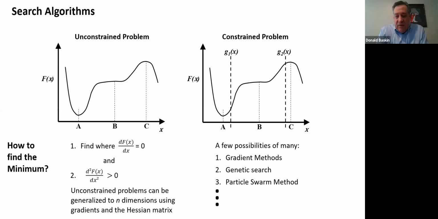There's probably 50 or 60 of them that different mathematicians have come up with over the years. I talked to you a little bit about a subculture among mathematicians of people who have competitions with one another to figure out how to design algorithms to more quickly find the maximum or minimum of a function given constraints. And one of those nerds was Garrett Vanderplaats, and I will introduce him at the end of this lecture.